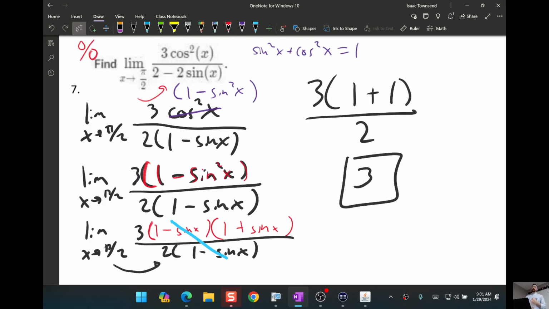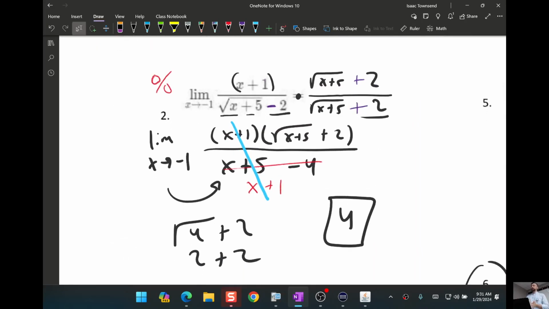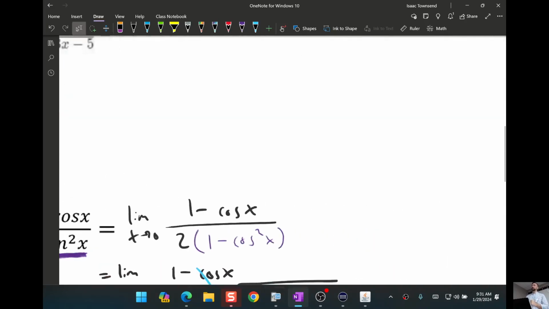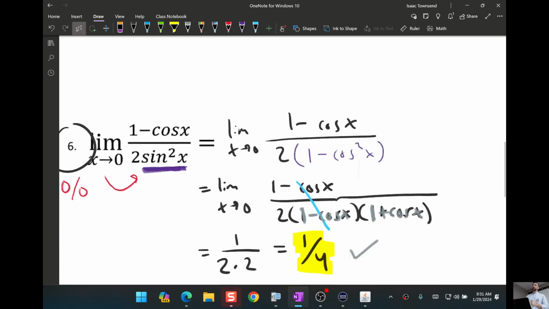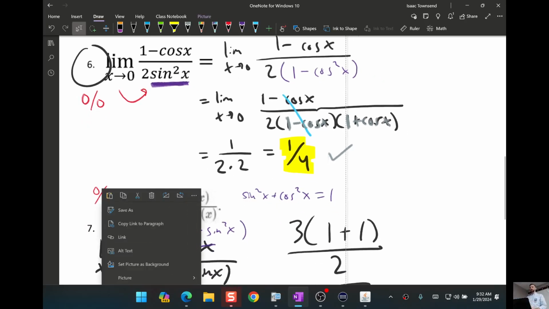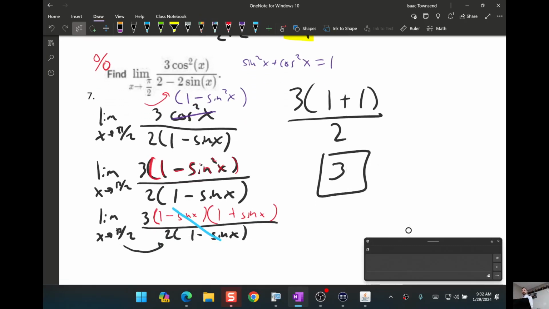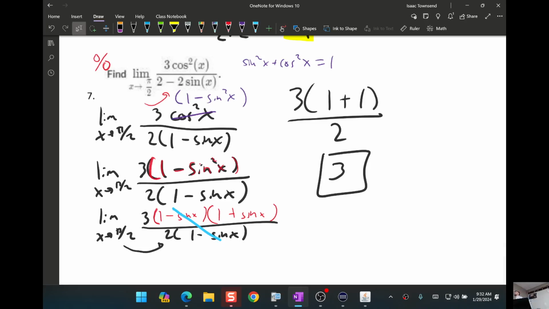But the algebra of conjugates, the algebra of foiling, the algebra of reducing your fractions, the trig identities that you have to know, the factoring you have to know, all of that stuff that you have seen in the past. Each calculus question can make you try to apply 2 or 3 or even 4 of those old things. So it's not usually the calculus that students find to be difficult. It's all the algebra and trig that comes along with it.